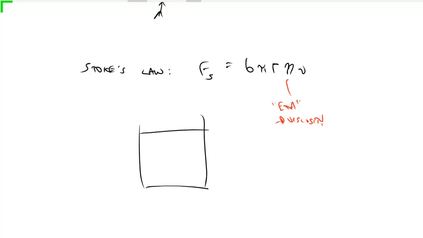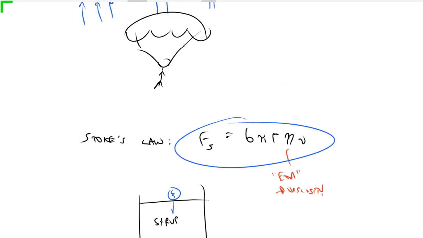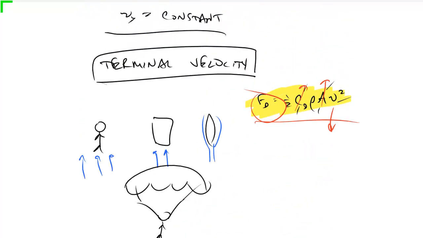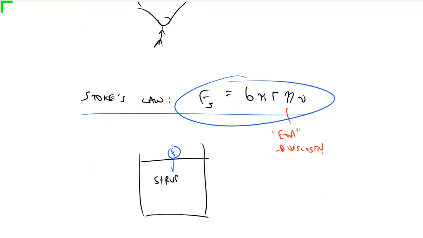There's syrup in here, and you put a ball on top, like a marble, and then let it fall through. Then we would use Stokes' law for this. The majority of the problems we do in the class are going to have to do with Newton's drag as opposed to Stokes' law. But if we have very slow moving objects, then we have a different drag equation for them.